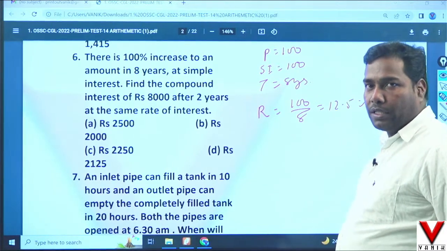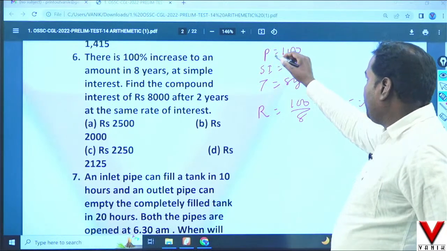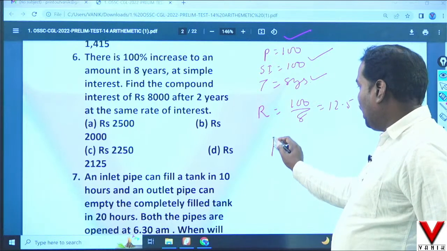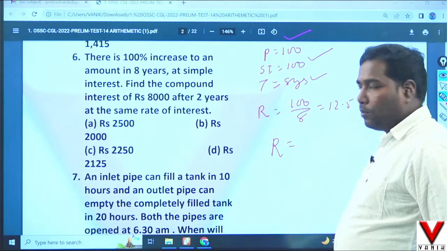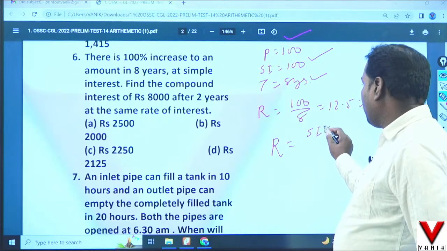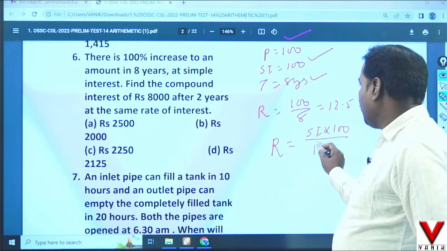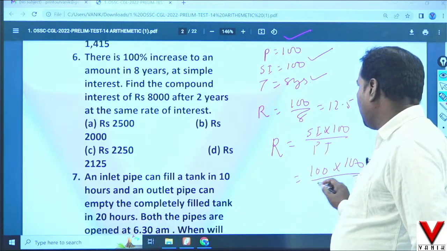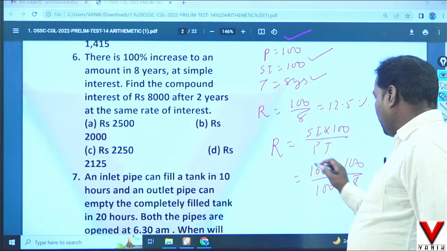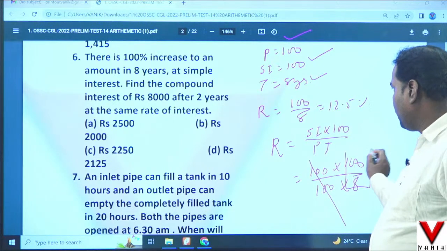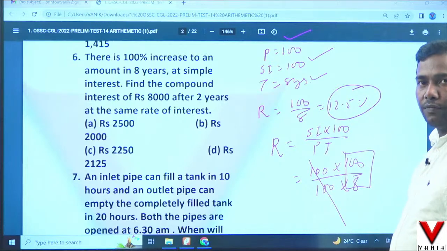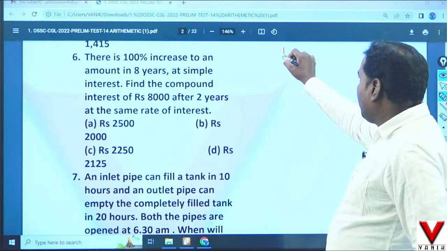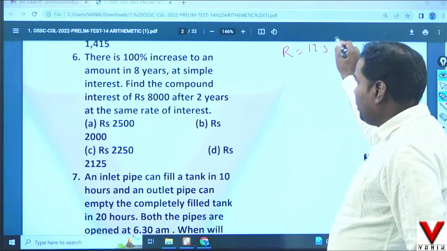Using the simple interest formula, R = SI times 100 by PT, so 100 into 100 over P, which is 100, and T, which is 8. The 100 cancels, giving 100 by 8, which is 12.5% rate of interest.